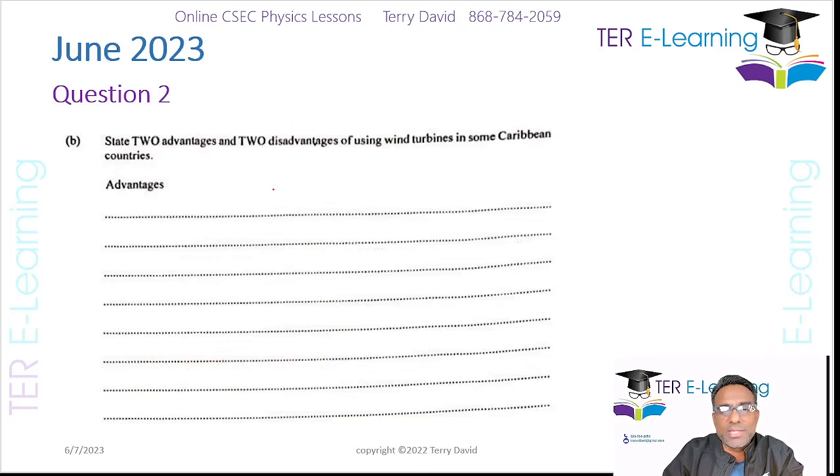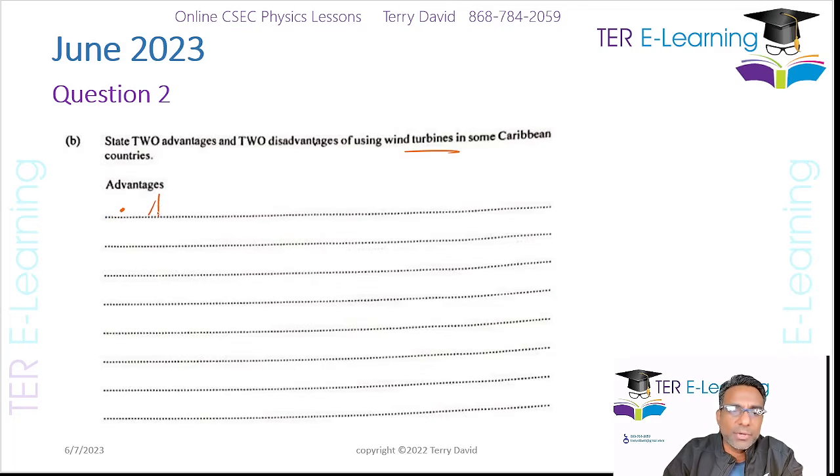State 2 advantages and 2 disadvantages of using wind turbines in the Caribbean. So we have wind turbines. Advantages: we are Caribbean islands for the most part, so we have an abundance of wind energy.